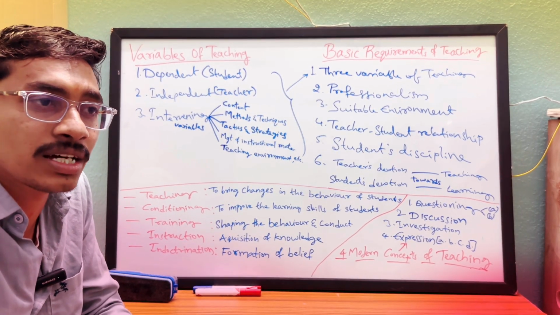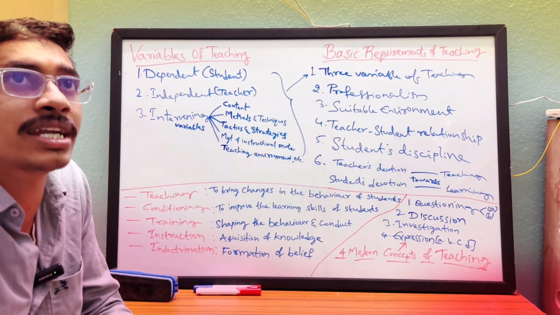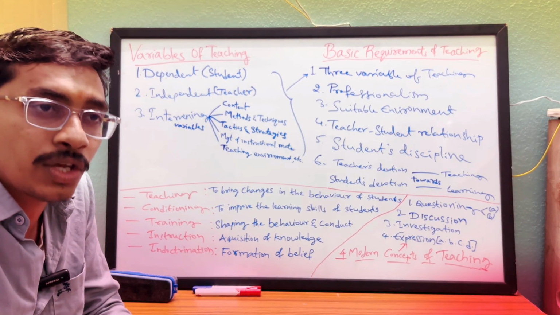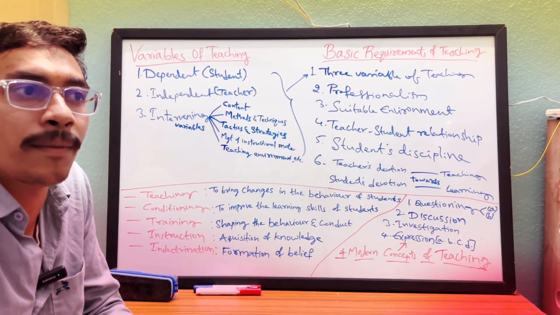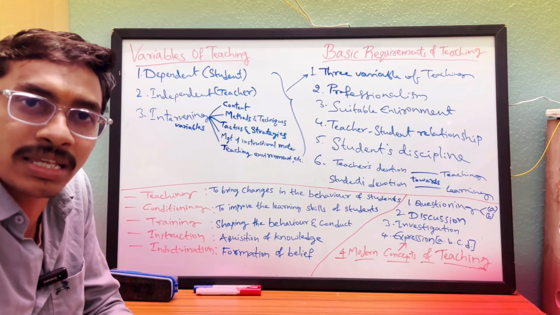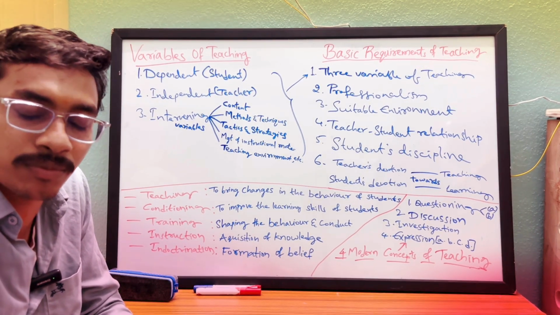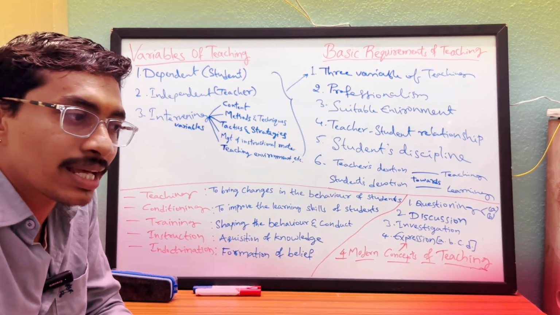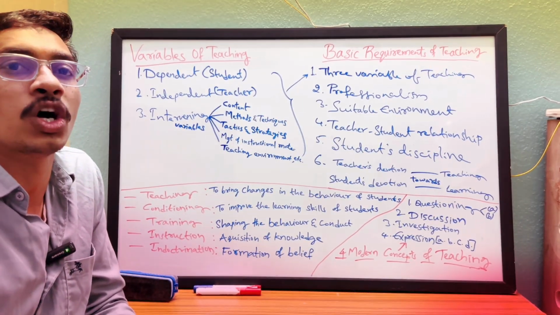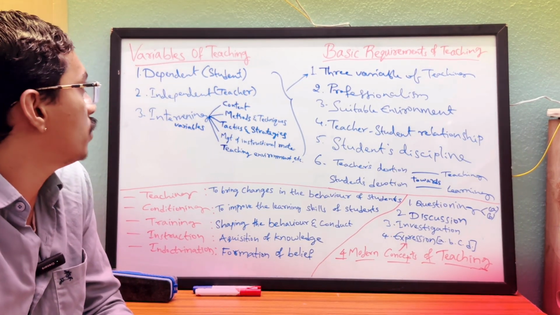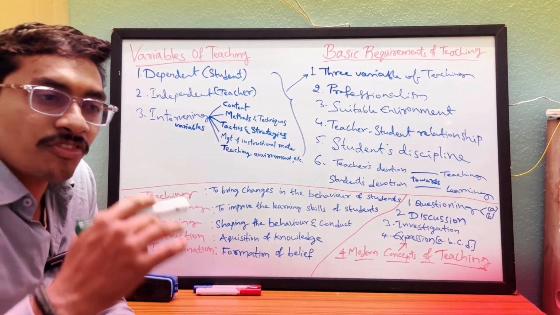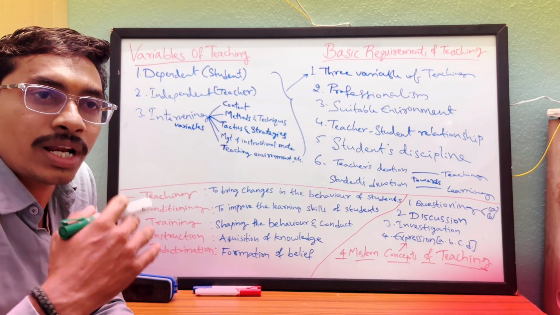By understanding the student psychology and nature, the teacher will decide how to go about making him understand, motivating him or guiding him in the right direction for their growth.